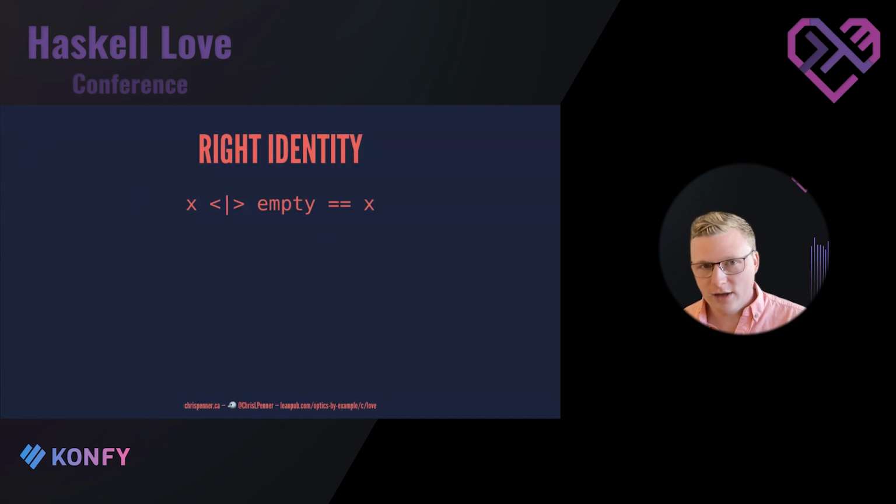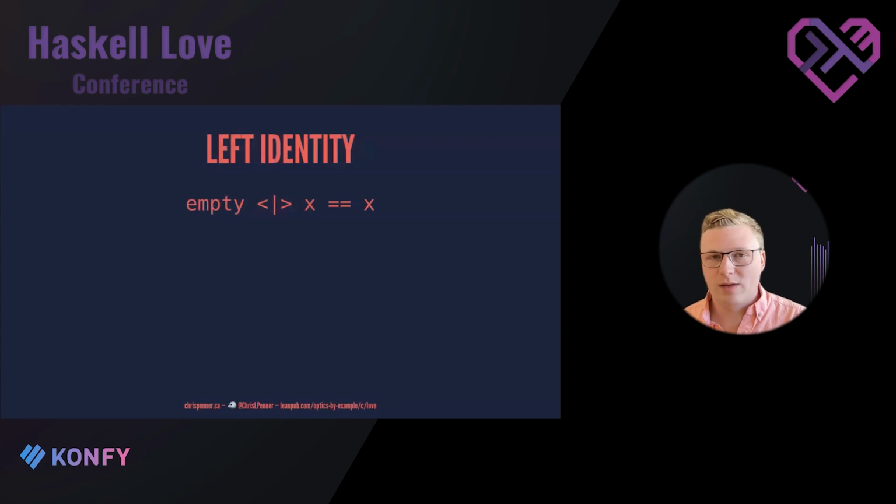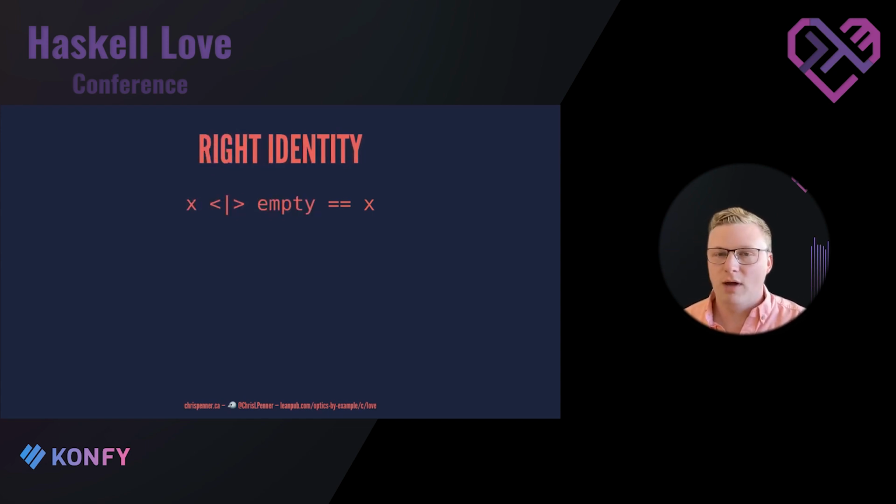So here's our right identity. If we have any value and we or-else it with empty, well, we're just going to behave like that other value. Okay, and the same with the left identity. If we fail on the left, or-else with whatever's on the right, then we get whatever's on the right. And we've seen both of these play out in the examples we've looked at, right?